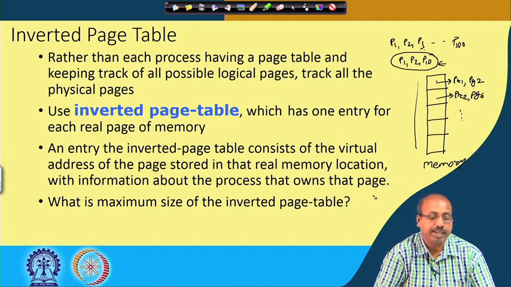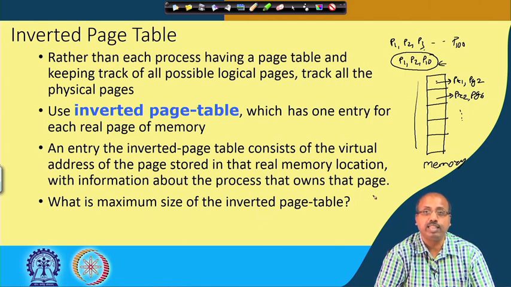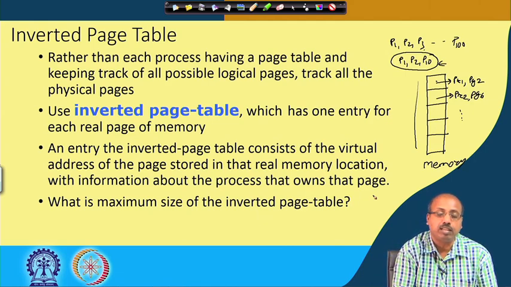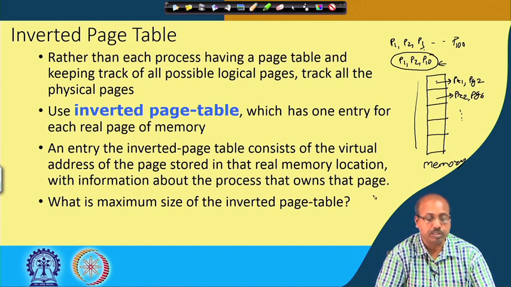So, this is the idea of inverted page table. Rather than each process having a page table and keeping track of all possible logical pages, we track all the physical pages. Instead of tracking the logical pages of processes, we track the physical pages of the system. This structure gives rise to the inverted page table.